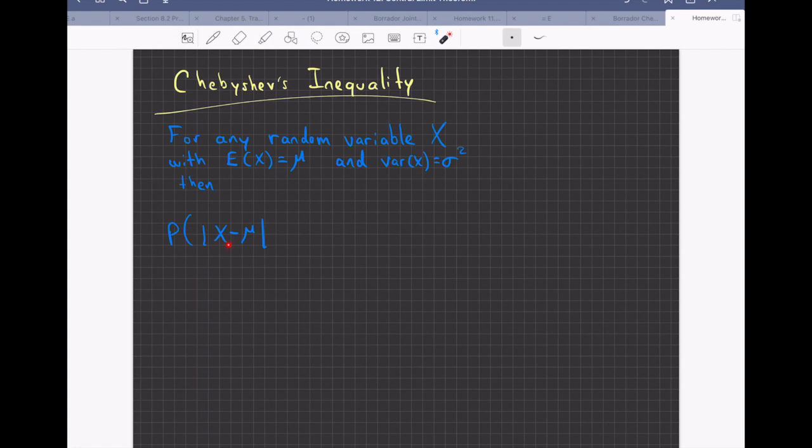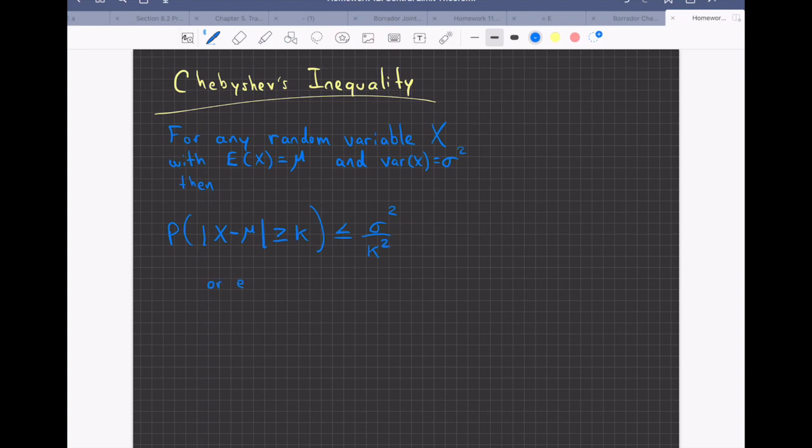So we can interpret this as the distance between all the values of x with respect to the mean mu is greater or equal than k, is bounded by the variance divided by the number k raised to square.